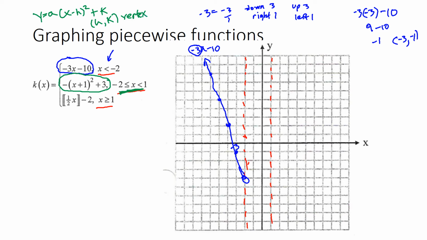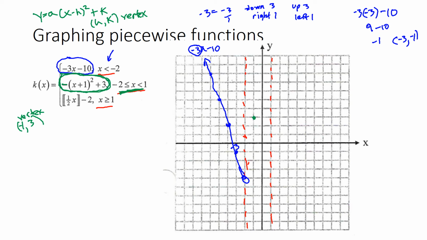So in the case of what we have here, our vertex for this parabola would have to be -1 and 3 as the vertex. So -1 and 3 would be here.